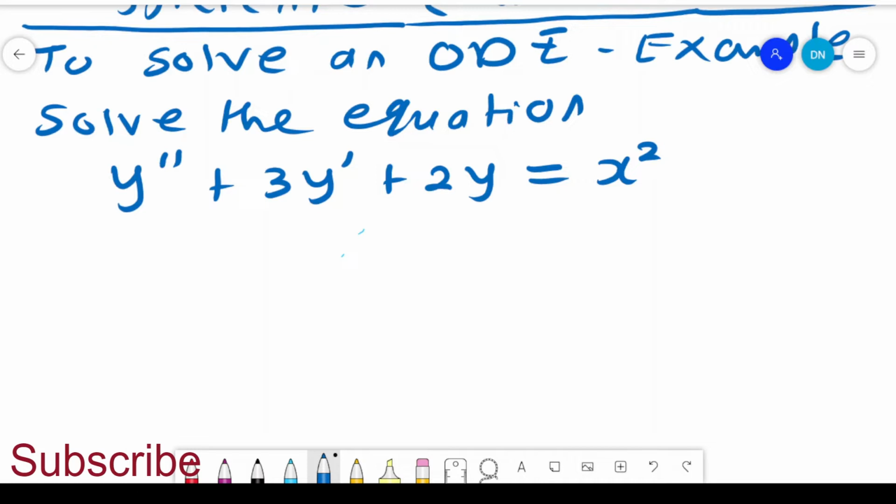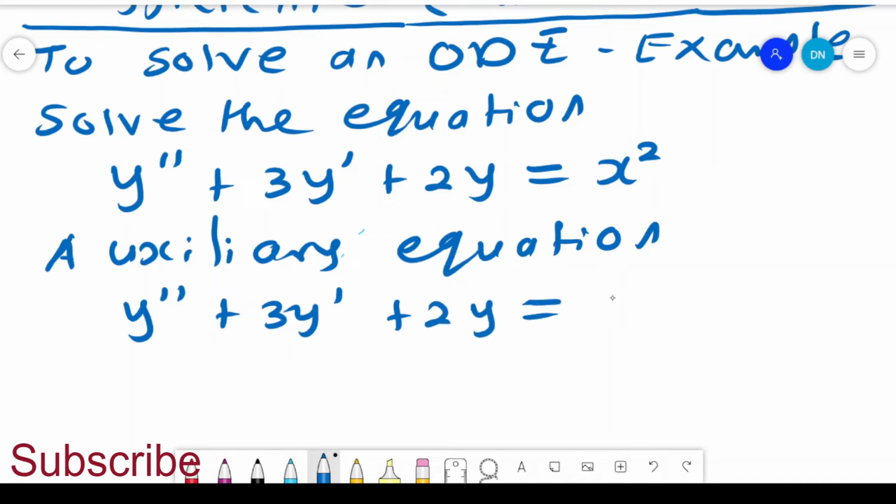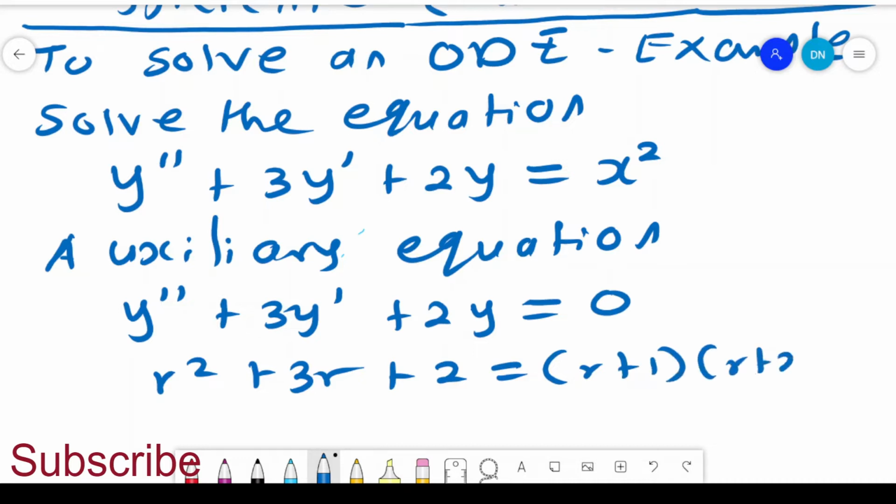So the first thing is what we call the auxiliary equation. In the auxiliary equation, we have an equation of the form this. So first of all, we solve the first part, which we take to be the homogeneous part, and we get that the values of r are -1 and -2.